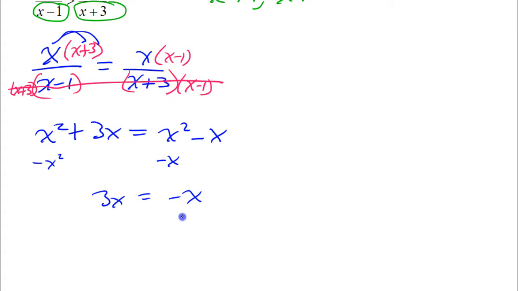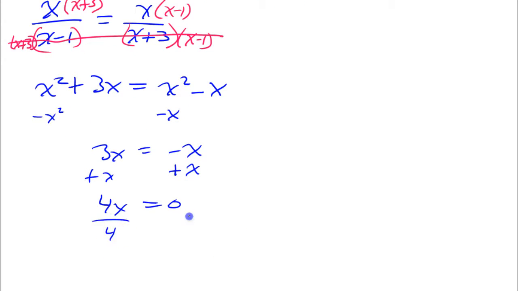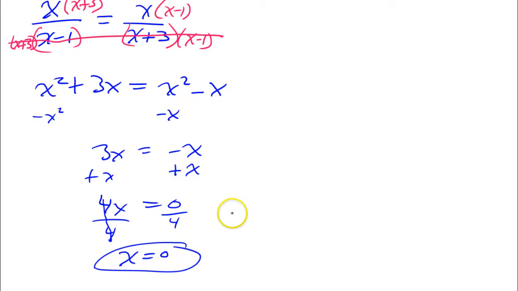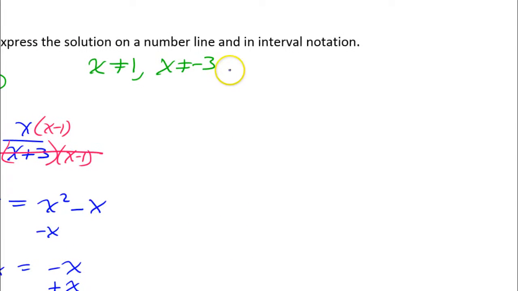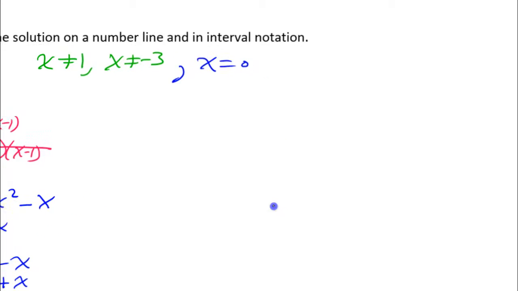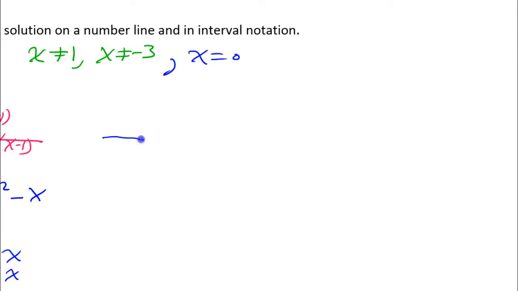If I add x to both sides, that's going to give me 4x is equal to 0. And now I'm dividing by 4, which doesn't hurt anybody. And I get x equals 0. So x equals 0 is our other critical value. So these are the 3 critical values that will go on our number line.